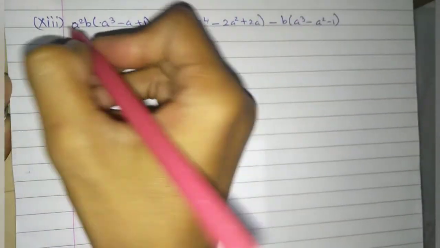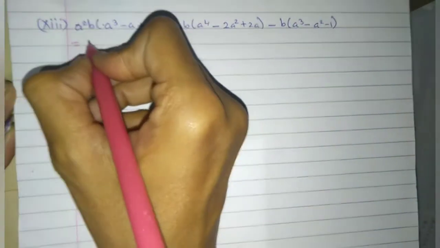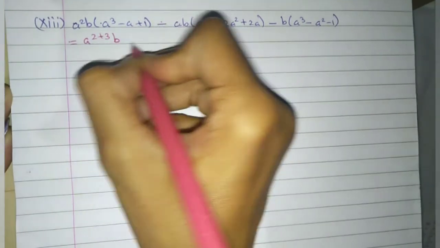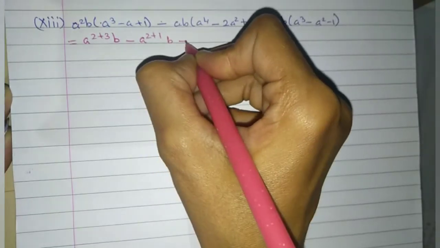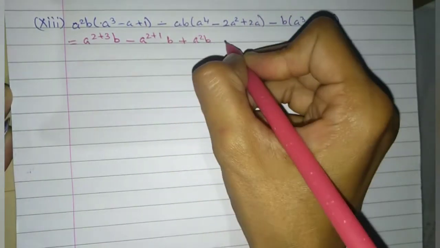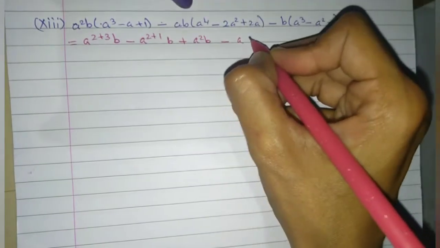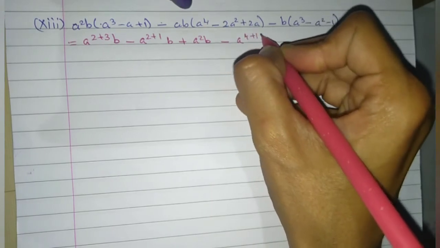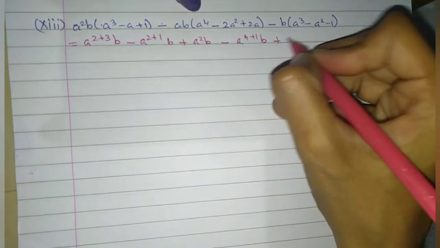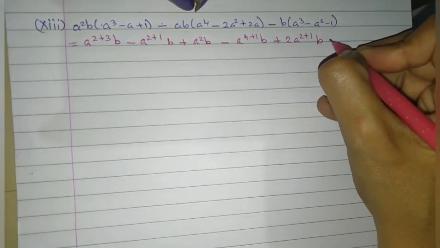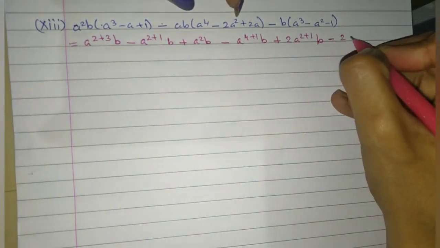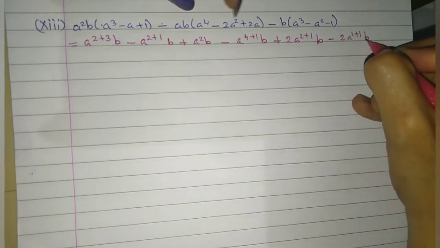Now 13th one, open the bracket. So a plus 3 b minus a 2 plus 1 b plus a square b minus a 4 plus 1 b minus plus 2 a raised to 2 plus 1 b and minus plus minus 2 a raised to 1 plus 1 b.